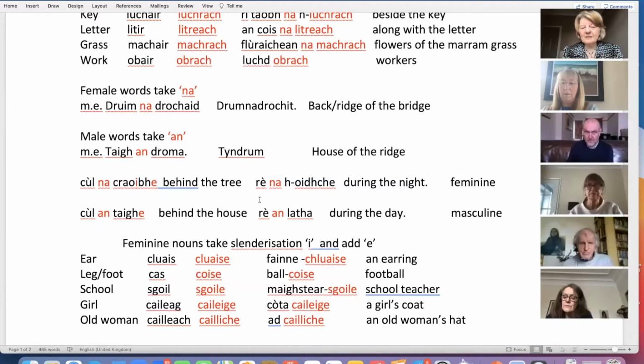Re na haige, again because it's feminine. Matin va, you say every day, so you know that matin is feminine. So then you have to say re na, and then find your word as matin, but find the genitive as well. Look for the genitive when you're starting looking for your nouns now. And you say re na matne.